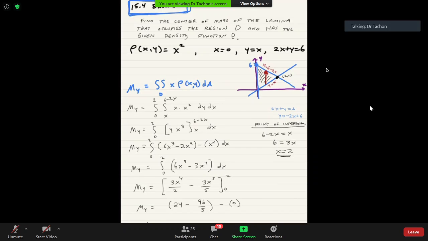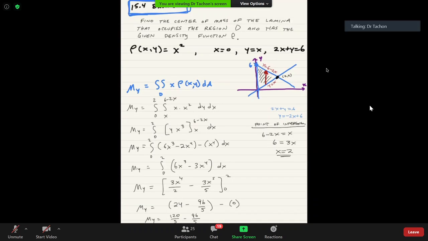So what's this going to be? 24 times 5, that's 120 over 5. 120 over 5 minus 96 over 5. So our moment with respect to y is what? 24 over 5?